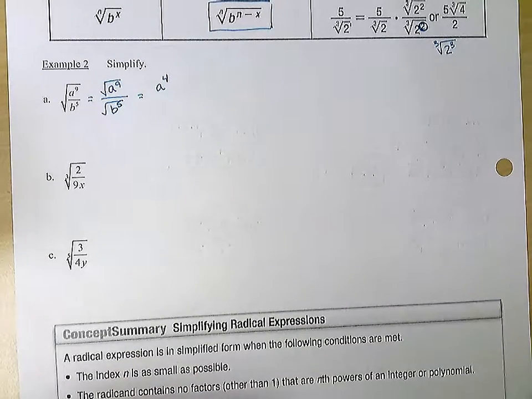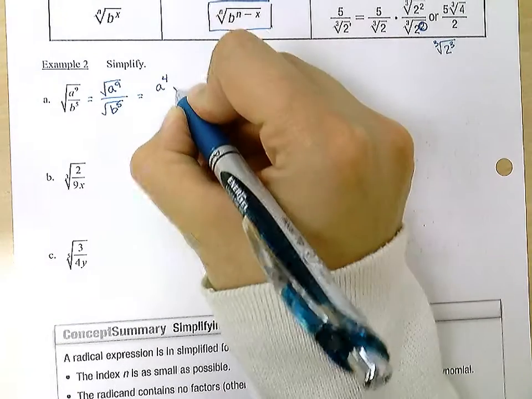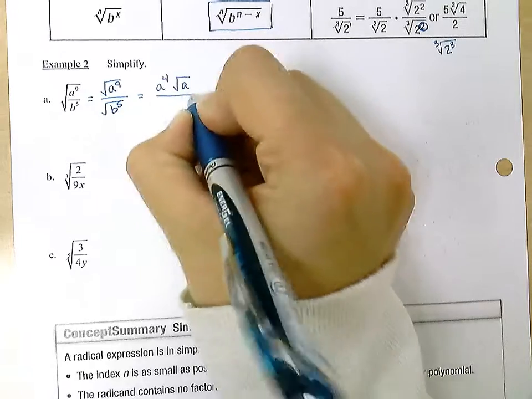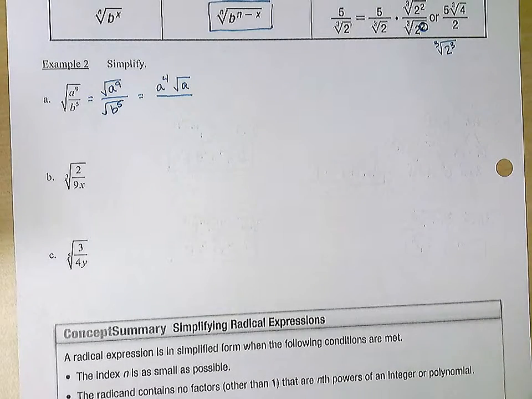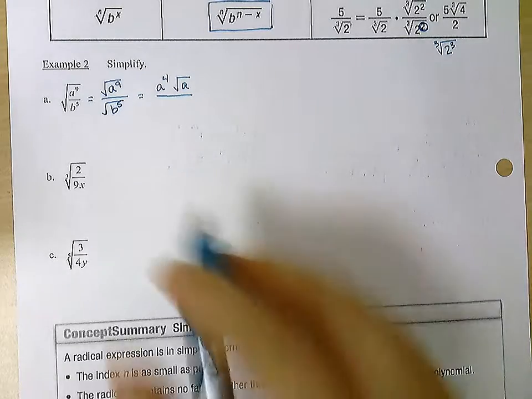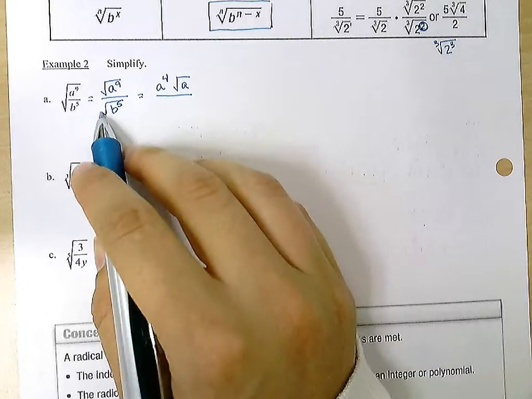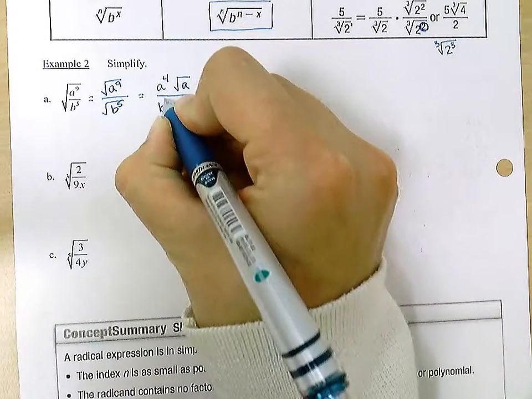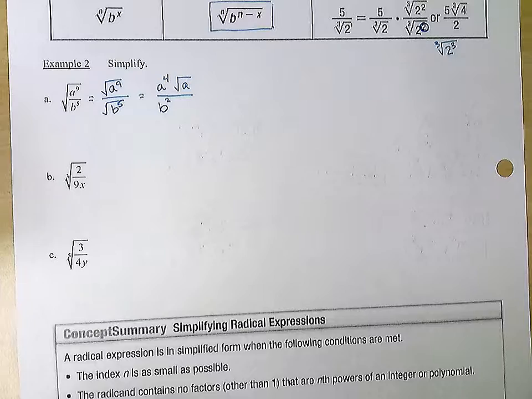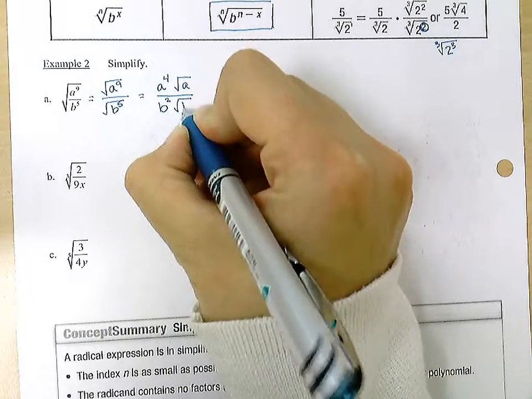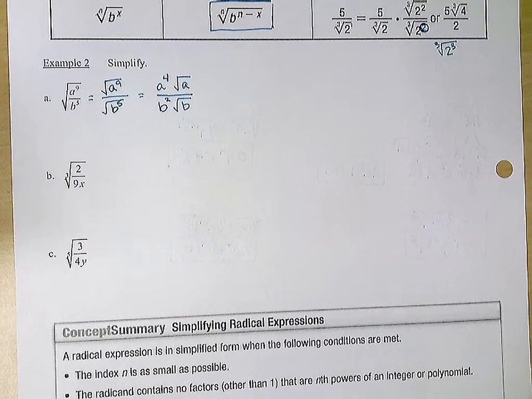I have 4, and then I have a remainder of 1. So that would be the square root of a. This is the harder part. You've got to pay attention. Simplifying the square root of b to the 5th: 5 divided by 2 is 2, and I again have 1 remainder.